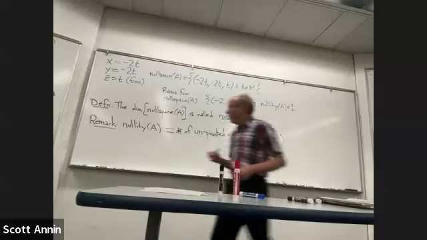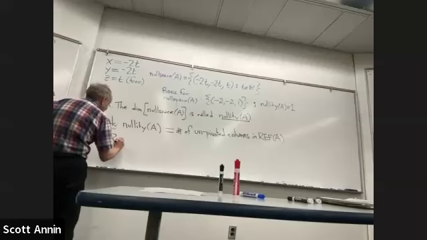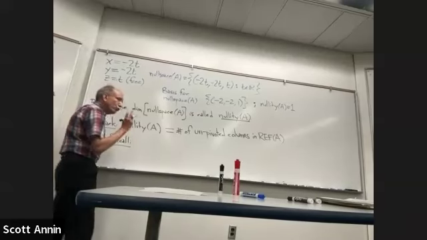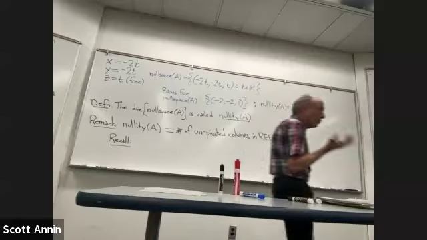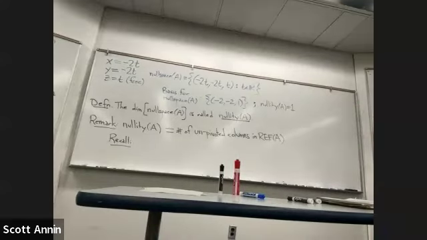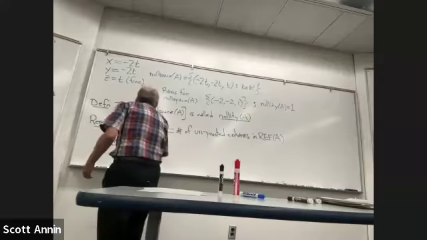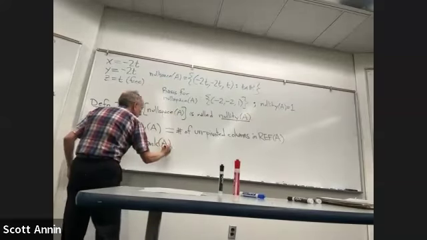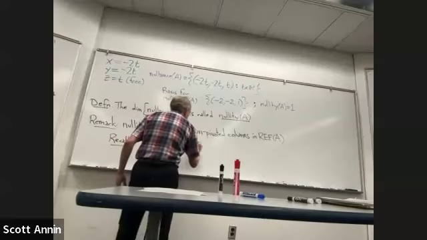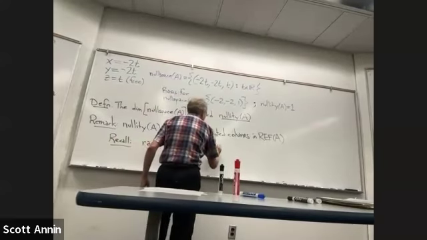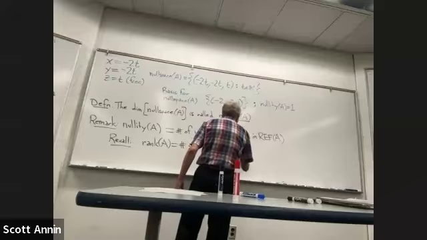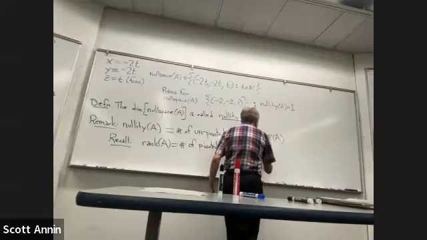Does anybody remember what we called the columns that do have the pivots, or what was the word that goes with that? If I want to associate pivots, say it again, the rank. The rank of a matrix was the number of pivots or pivoted columns. So I would just like to recall that the rank of A is the number of pivots. And let me just write that slightly differently. I'll just say pivoted columns in the row echelon form.